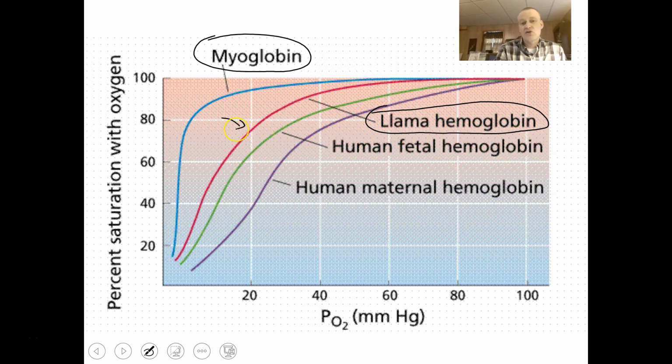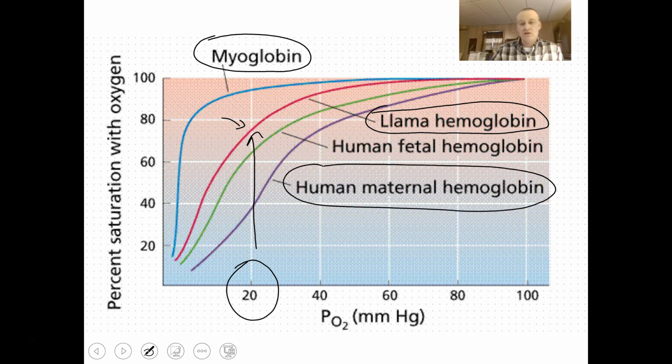At really low partial pressures, they're able to pull a lot of that oxygen out of the atmosphere and put it onto their blood cells, compared to a normal saturation curve for a person that lives at, say, sea level. So there are creatures that are adapted to living at high altitudes. Their hemoglobin molecule has a greater affinity for oxygen.